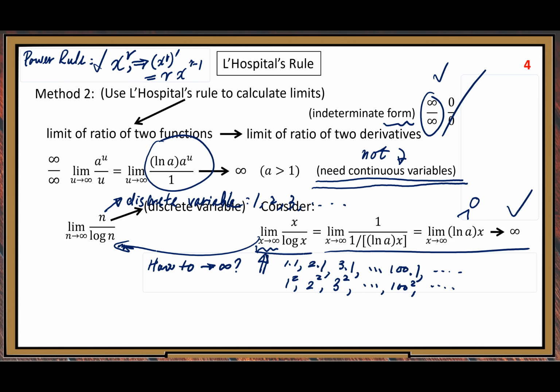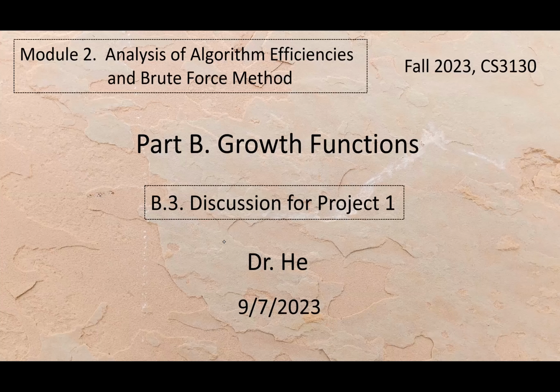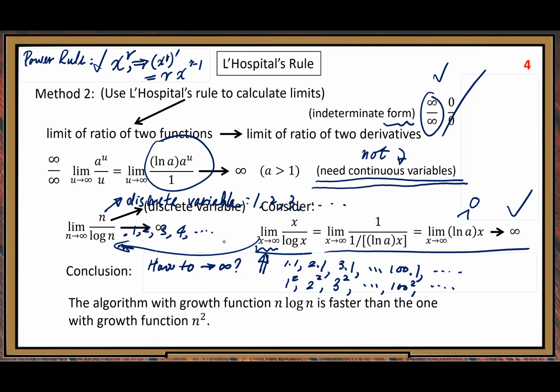Now, based on that understanding, can we take a special pattern here? Natural numbers 1, 2, 3, 4, 5. If you take these, that's discrete variables, right?